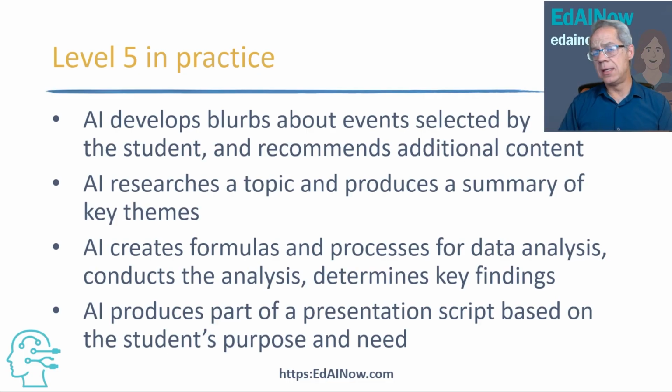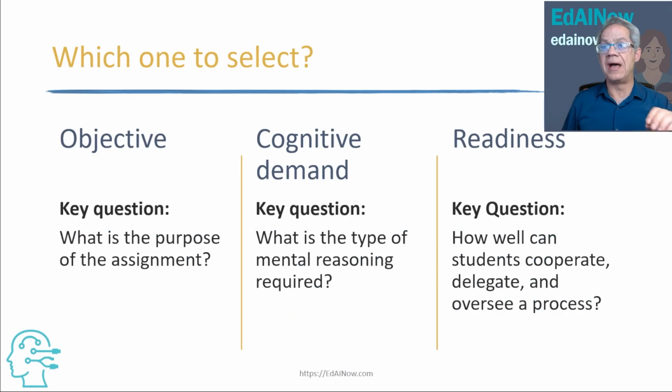Anytime we've got the AI creating formulas or creating processes, then executing them, and then determining what the results are, that's level 5. Or if the AI is producing part of a presentation script, the student says, I need something like this. Here's what I'm trying to accomplish. And the AI comes up with the solution and content for it. All of that is level 5.